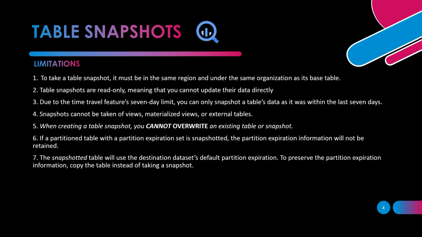So if you have a partition expiration on a table, like the partition will expire after 1 year, 2 years, that metadata is not being copied to the snapshot table. The final point is that the snapshot table uses the destination dataset's default partition expiration. So to preserve the partition expiration, copy the table instead of taking a snapshot of it.